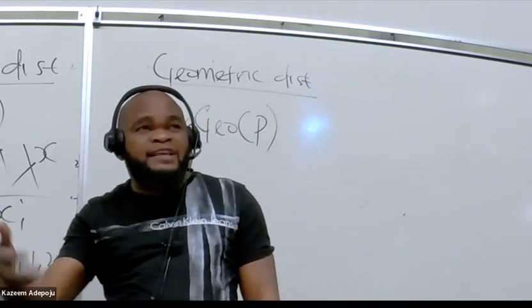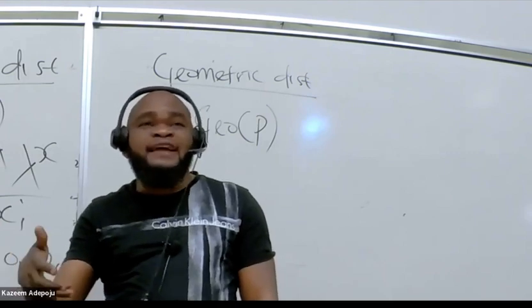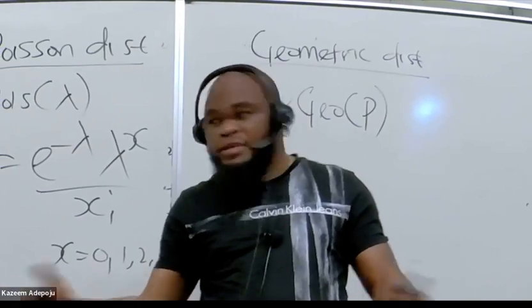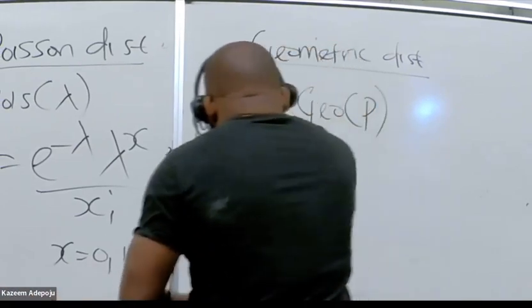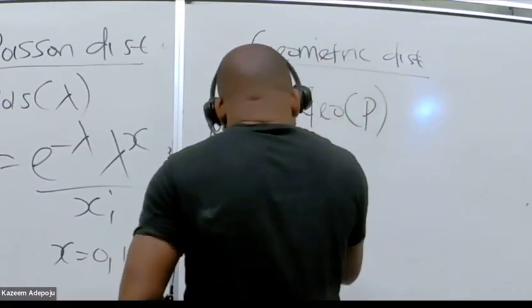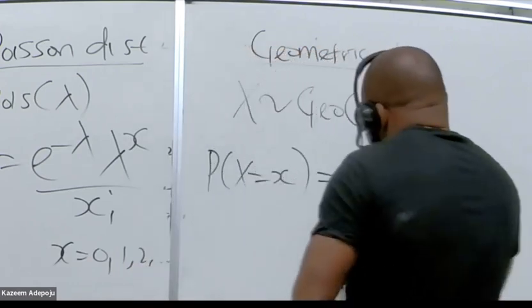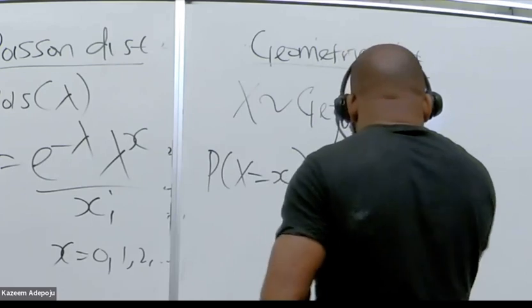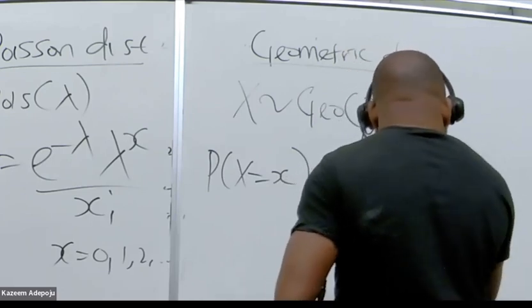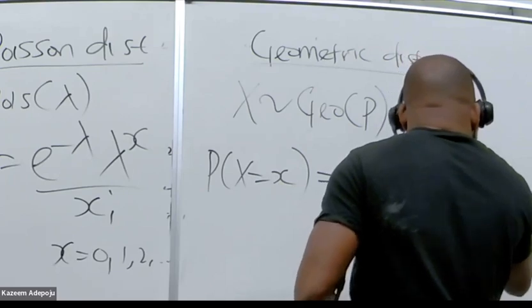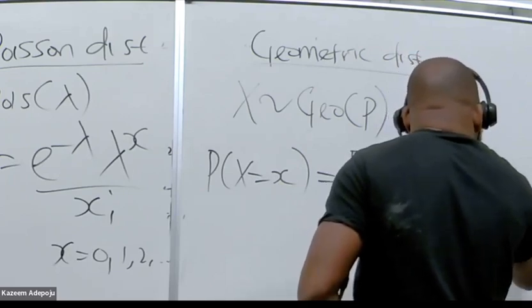Every attempt either results in a connection or not. You know that, right? Okay, so if I want to write the probability mass function for this, I'm going to have q to the power x minus 1 times p, where x starts from 1, 2 up to infinity.